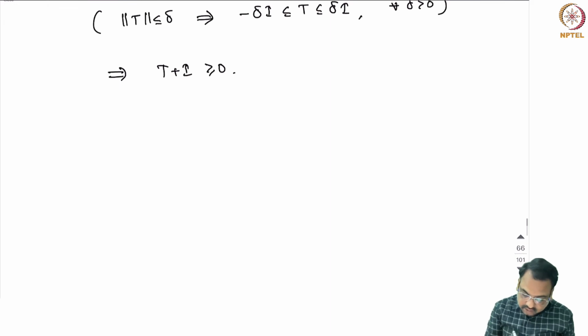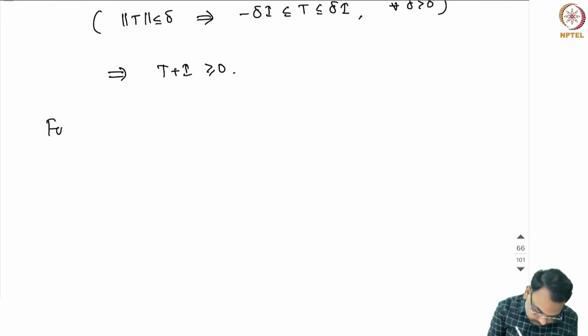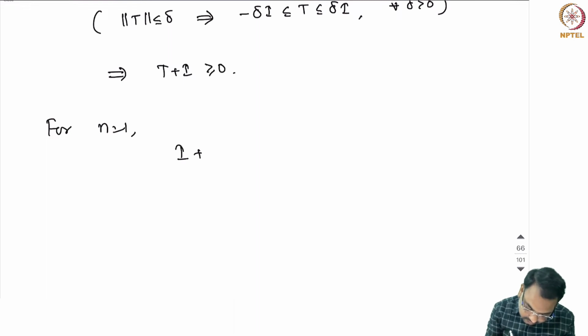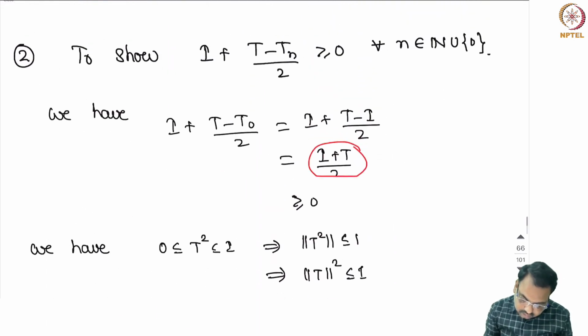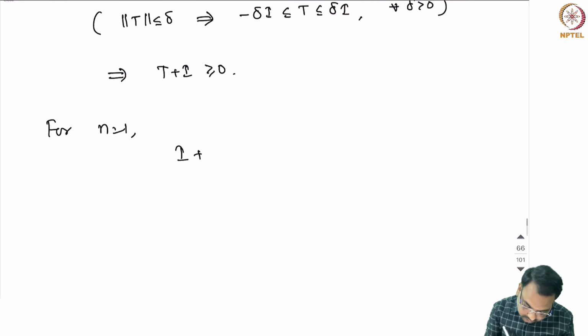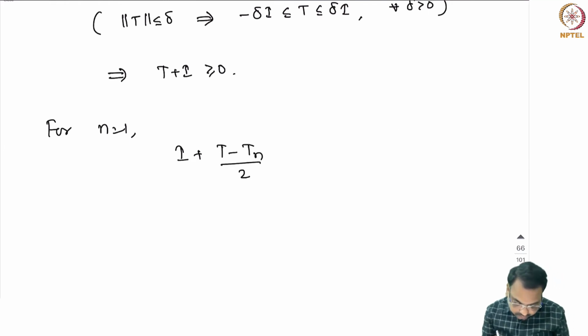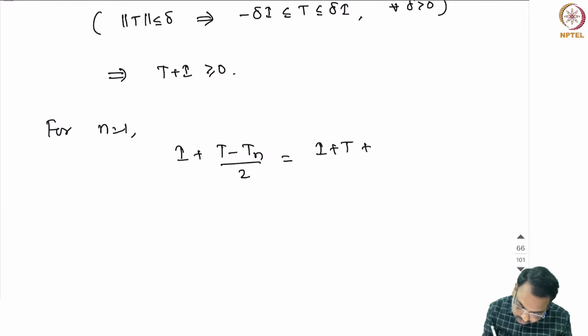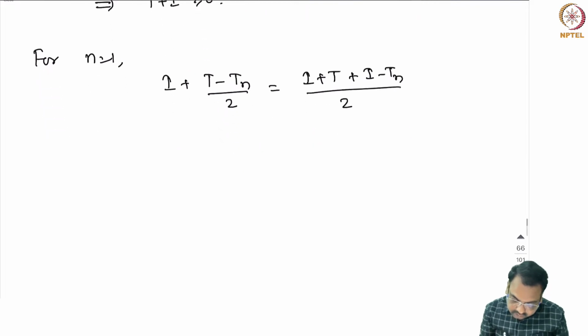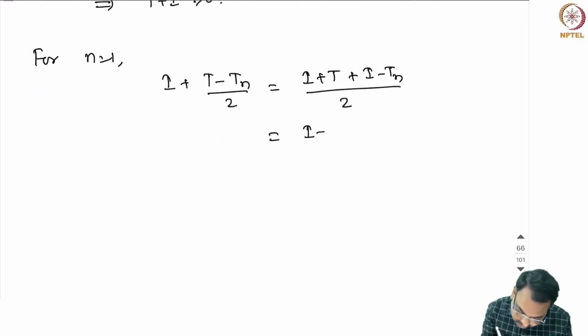Now let us take n equal to 1. I plus T minus Tn by 2, this we can write as I plus T plus I minus Tn by 2. So we know that I plus T by 2 is positive.